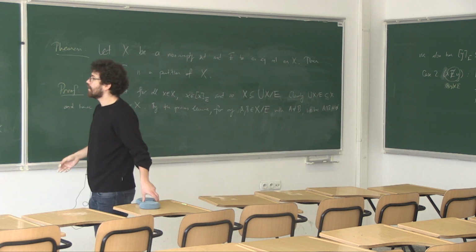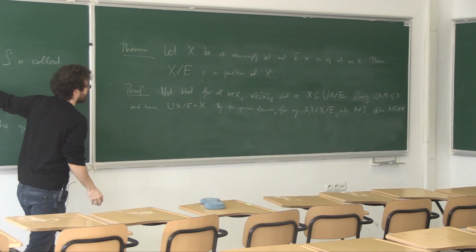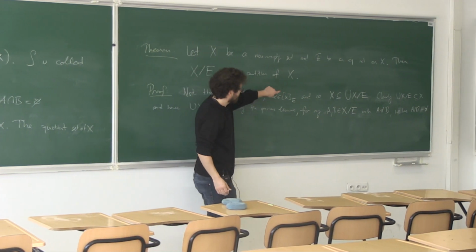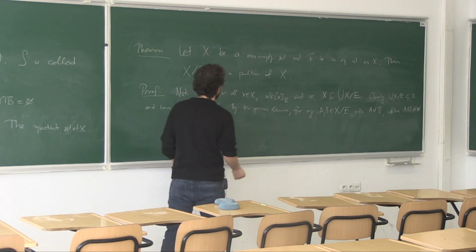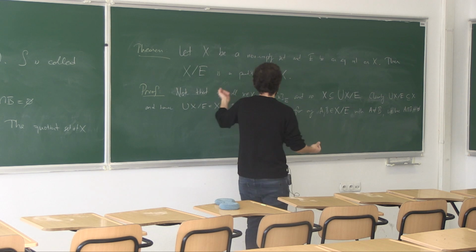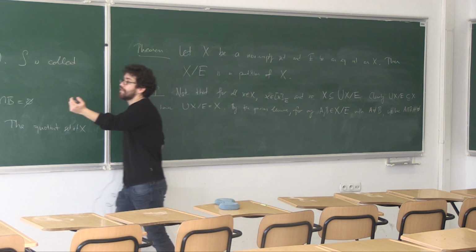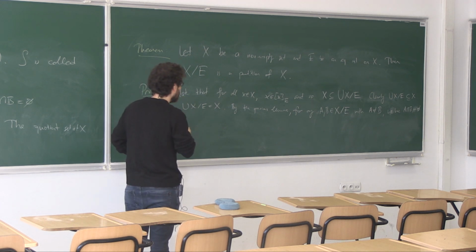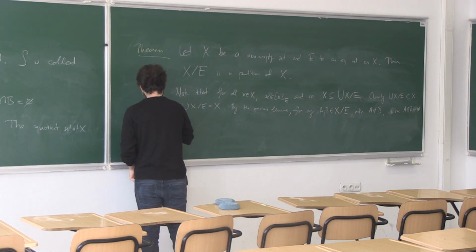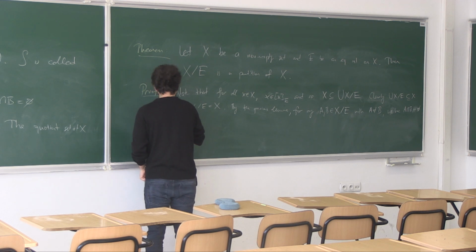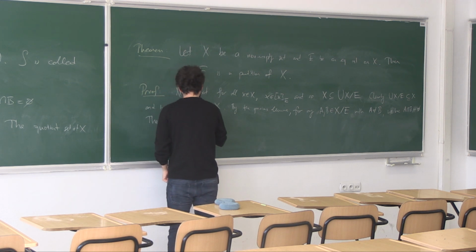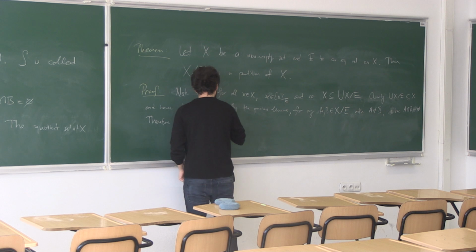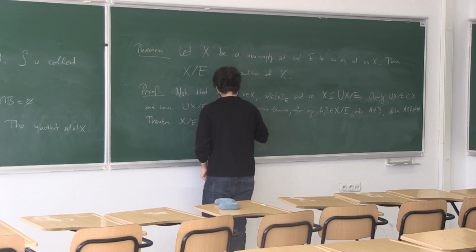And the first property, well, this is satisfied because of this. Okay? So each equivalence class is non-empty because I'm working with a non-empty set. Therefore, this is a partition of X.